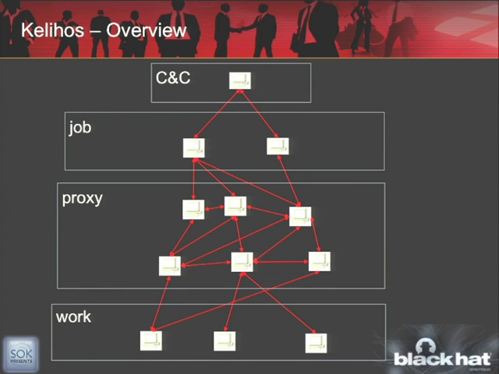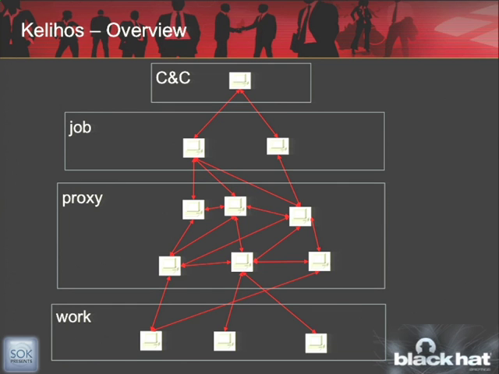Another thing is, when the worker node needs to update, it will send a request to the proxy node. Actually, those domains are mapped to those proxy nodes. It's called fast flux. All those domains map to these proxy nodes.